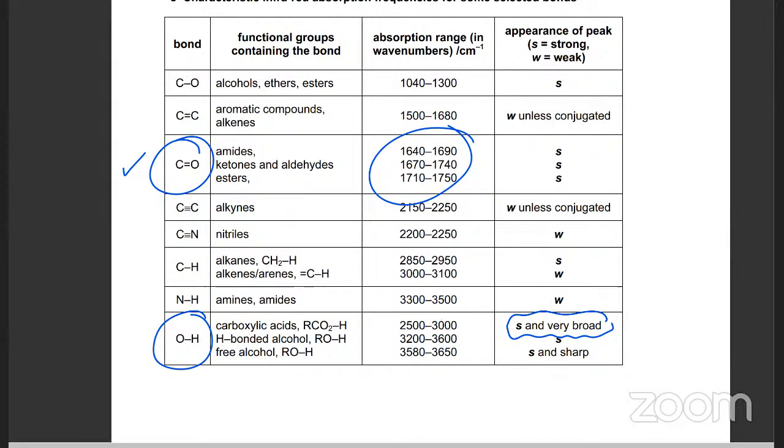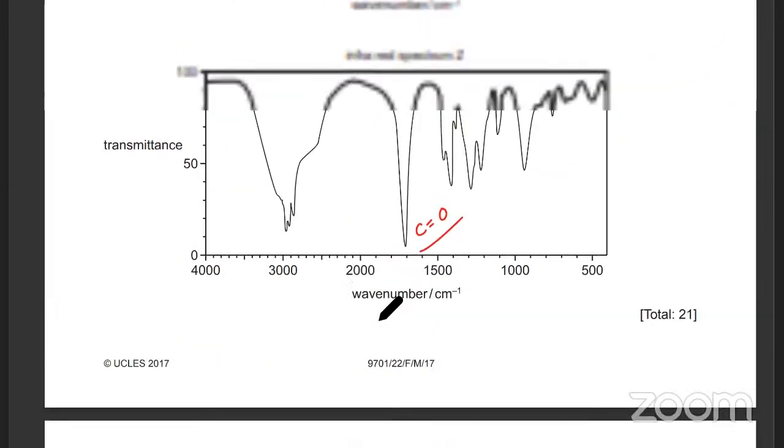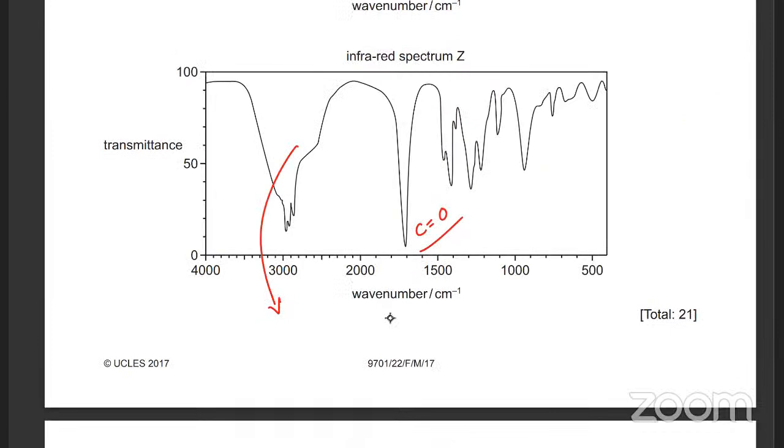So this one is the OH from the carboxylic acid, right? So basically this is a carboxylic acid. You have a C=O and you have this, so this is a pentanoic acid molecule. We're pretty confident about that.